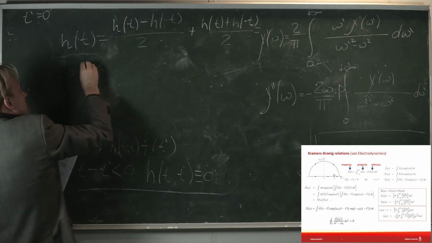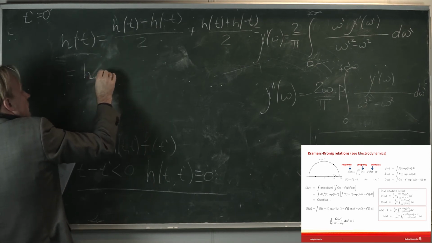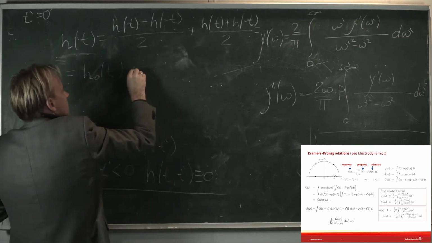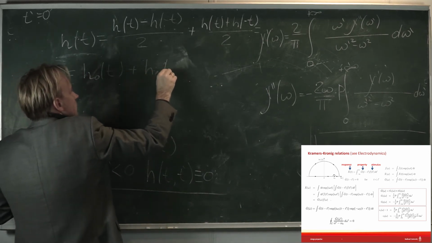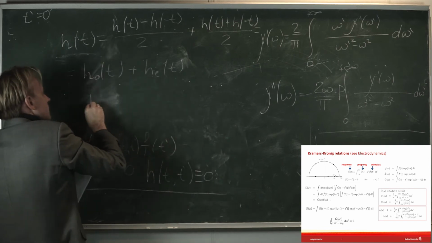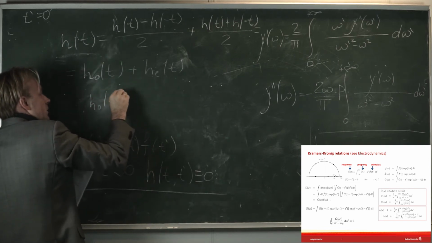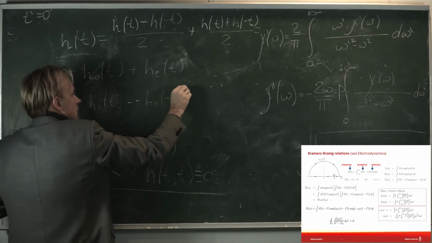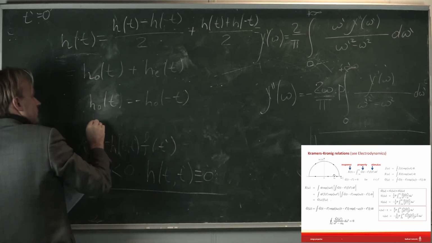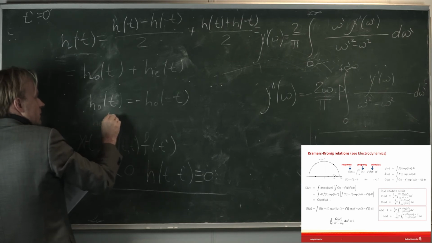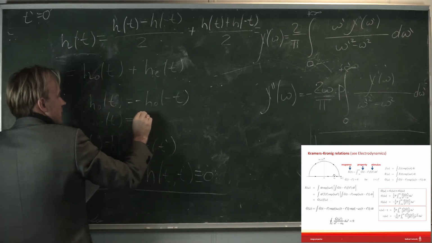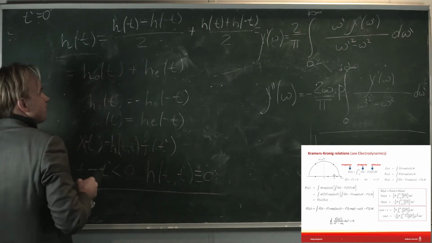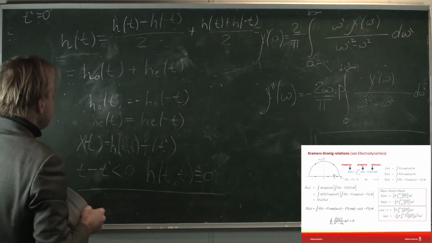If you look at this term, we will call it the odd term, and this term, we will call the even term, meaning that if this is the odd term and you change the direction of time, the term will change sign. And if this is the even term and you change the direction of time, it will not have any effect on the function.